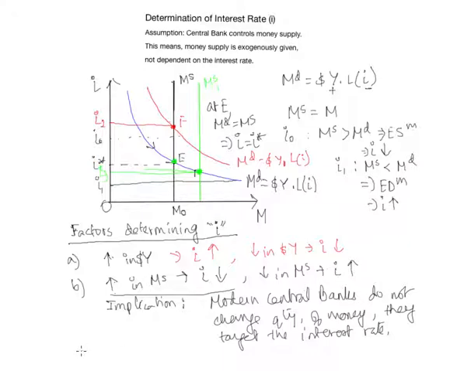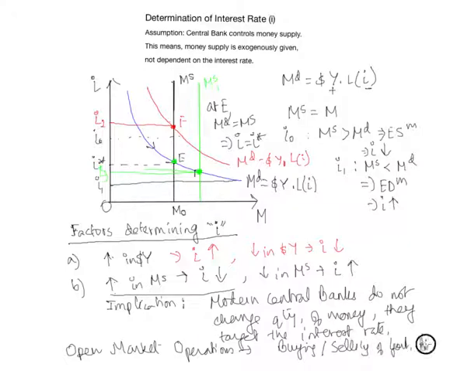The method that they use to do that is known as open market operations, which is basically buying or selling of government bonds. So this is how the interest rate is determined, and these are the factors that affect that interest rate.